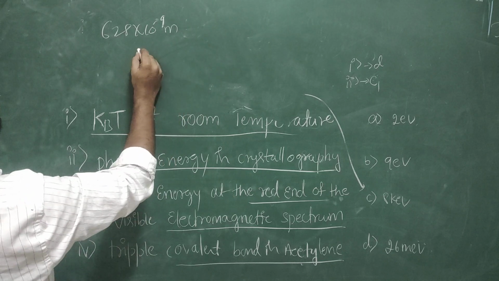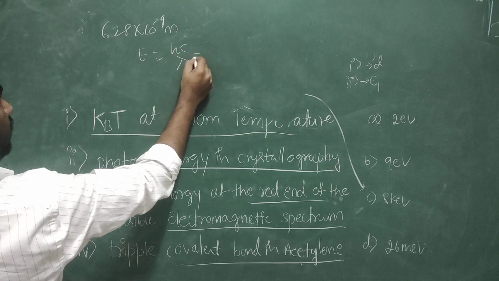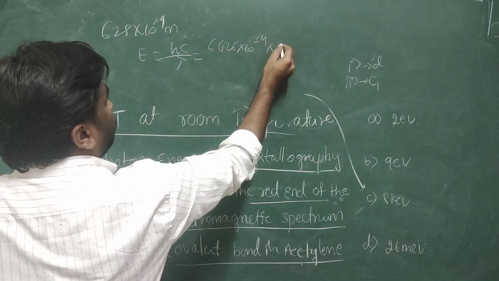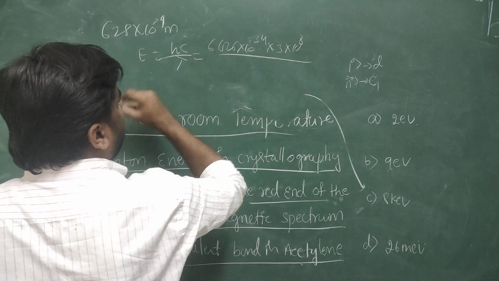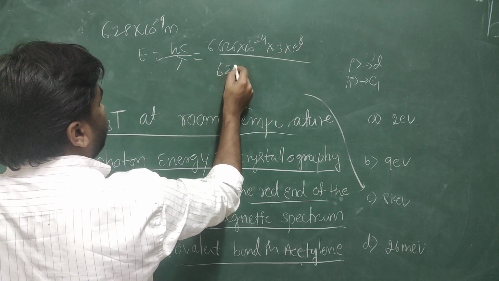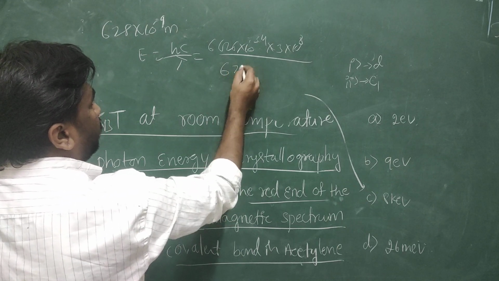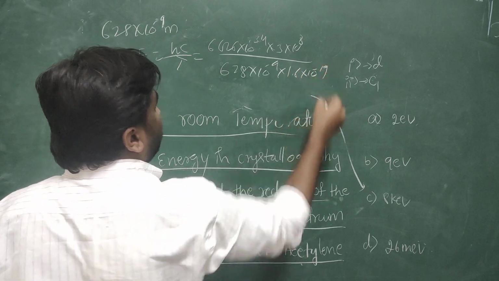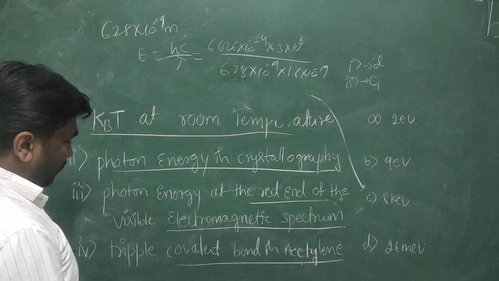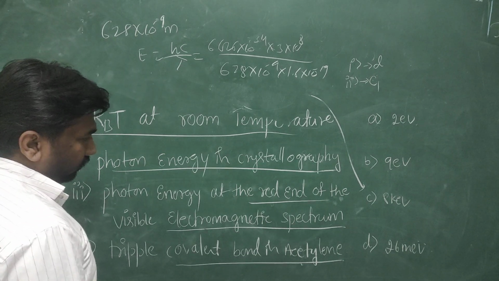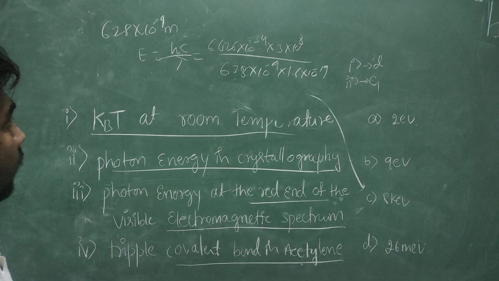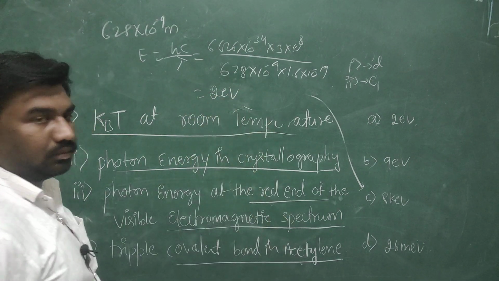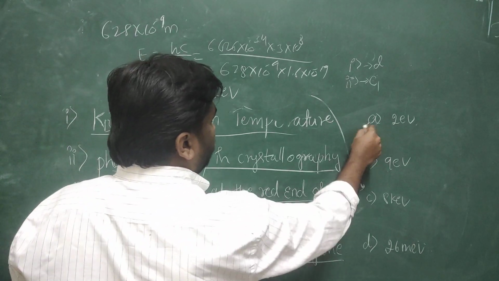Therefore E is equal to hc by lambda, where h is 6.626 into 10 to the power of minus 34, into 3 into 10 to the power of 8, divided by lambda, which is 628 into 10 to the power of minus 9, into 1.6 into 10 to the power of minus 19. If we solve this, we will get approximately 2 electron volt. So 3 belongs to A.